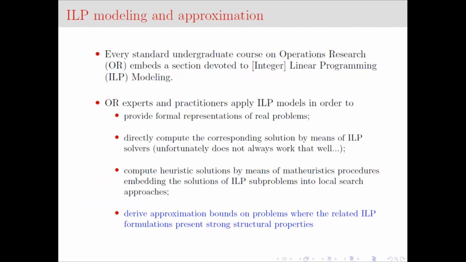So, generally speaking, when we talk about linear programming, you know that every course on operations research at some point will deal with modeling. So here again, we're going to talk about modeling, but in a slightly different way. Probably in the 60s, generating a linear programming model was concerned with representing a problem, not so much solving it.